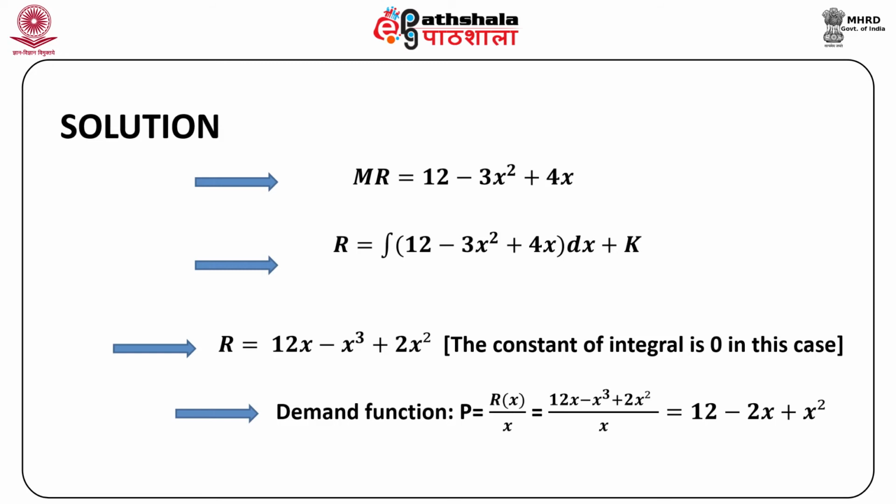R is therefore equal to 12x minus x cube plus 2x square. The constant of integration here is 0. The above function is the revenue function and the demand function is P is equal to R(x) upon x, given by 12x minus x cube plus 2x square upon x, which is equal to 12 minus 2x plus x square.